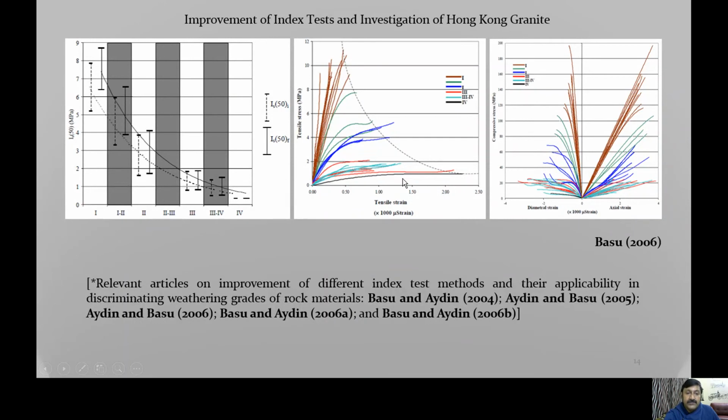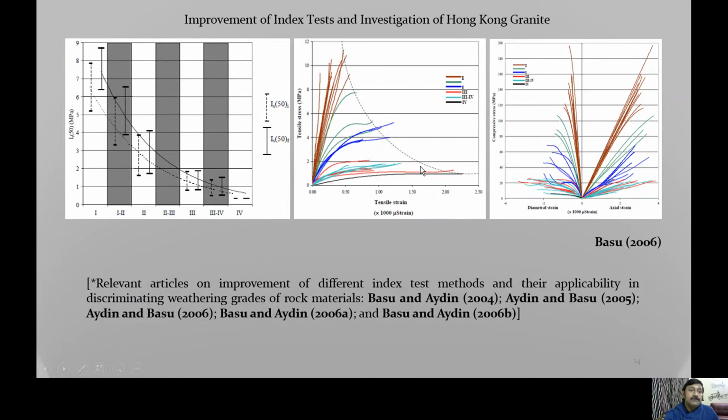And here it was found that at the initial stage of loading, if we consider the tangent modulus, okay, we named it the Brazilian deformation index. We found that the Brazilian deformation index is much more efficient than the Brazilian tensile strength in terms of categorizing weathering rates.